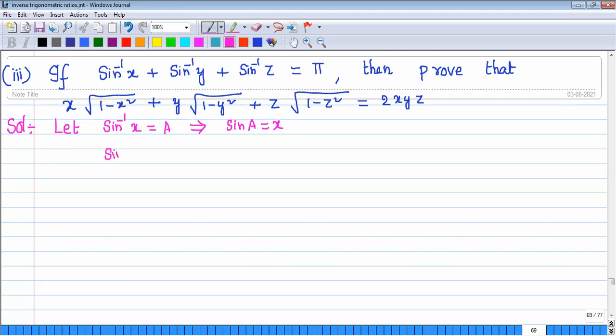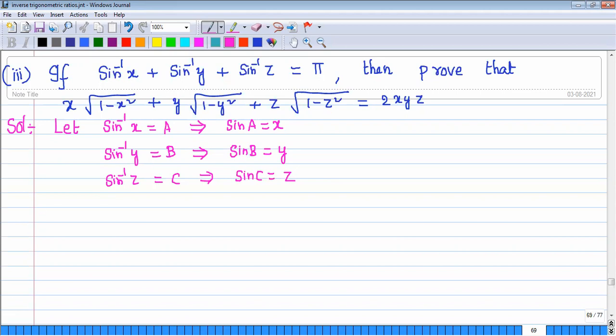Sin inverse y equals B, that implies sin B equals y. Sin inverse z equals C, sin C equal to z. That means instead of x we can substitute sin A, instead of y sin B, instead of z sin C.